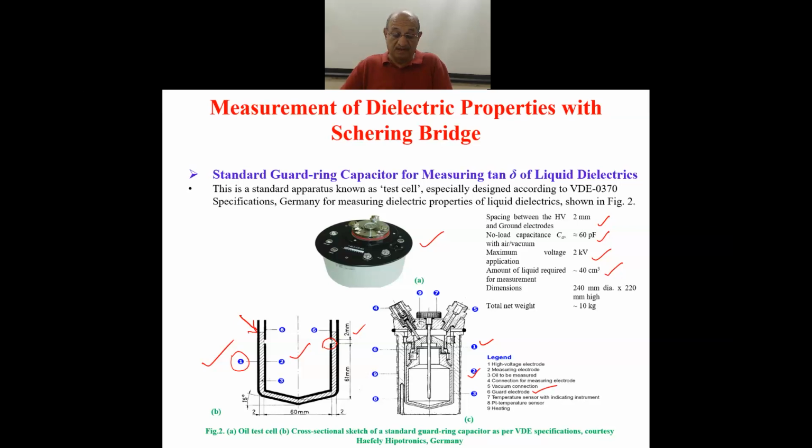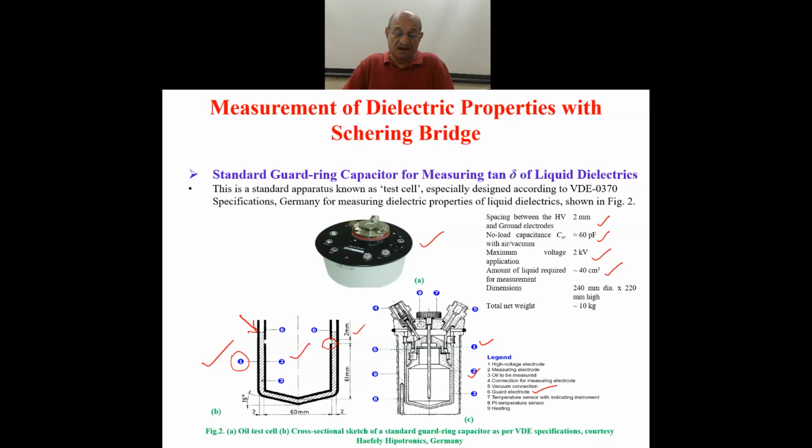So this is the construction of the guard ring capacitor, a standard capacitor, and through this a standard method of determining the electrical parameters of insulating oils is made and are required to be measured. The specifications may require to measure it at a particular voltage, at a particular temperature, and if you want to do some further work, you can change the voltage, you can change the temperature.